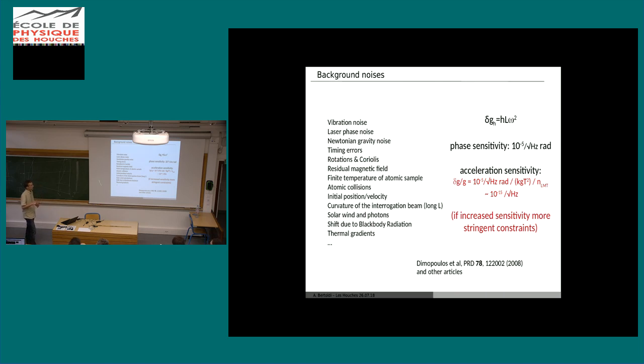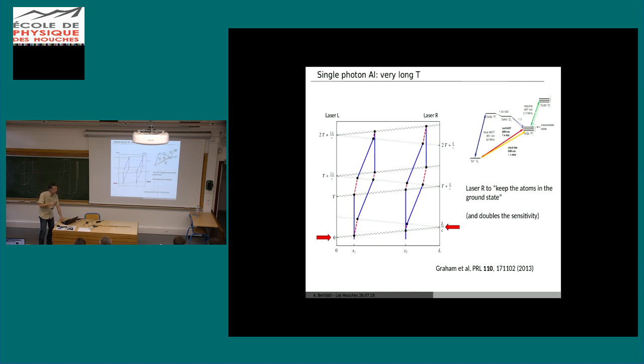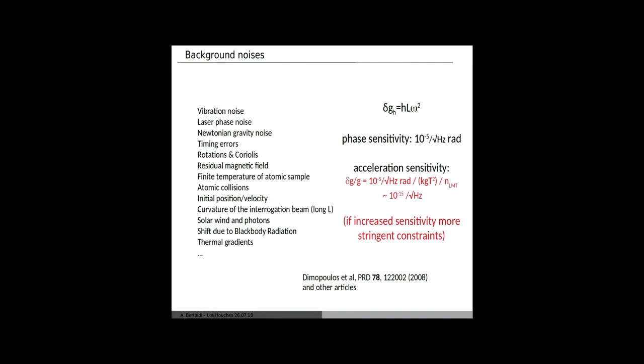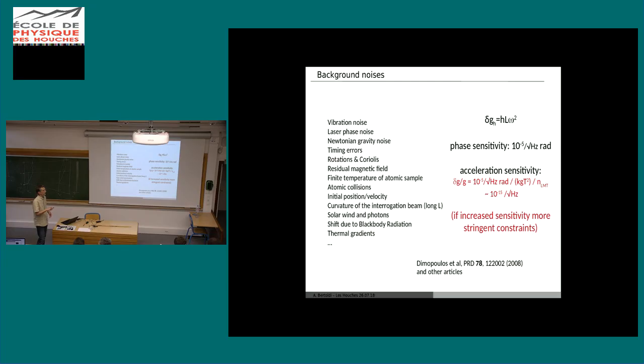And what they did essentially was to consider all these noise sources and find a way to constrain them in order to induce an acceleration on each of the two interferometers that is less than this level. In that way, you can hope to see a gravitational wave that has that effect on the interferometers.